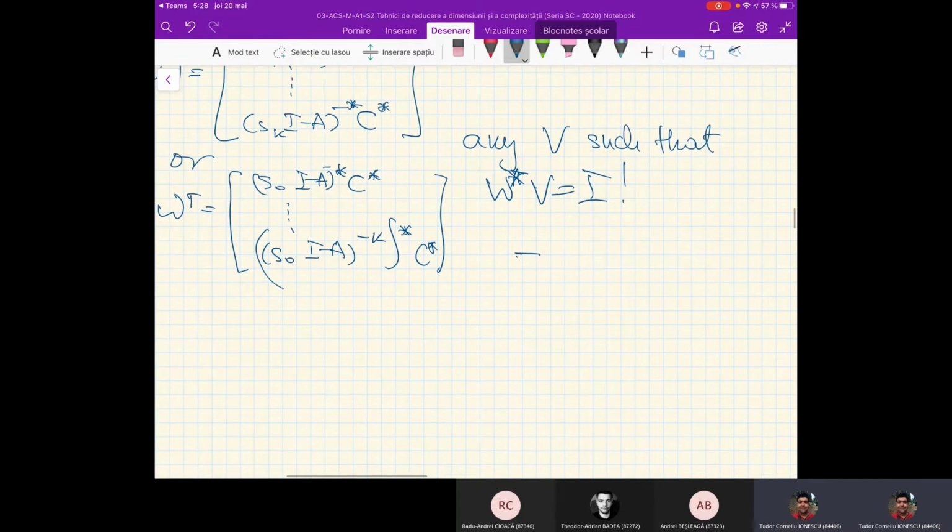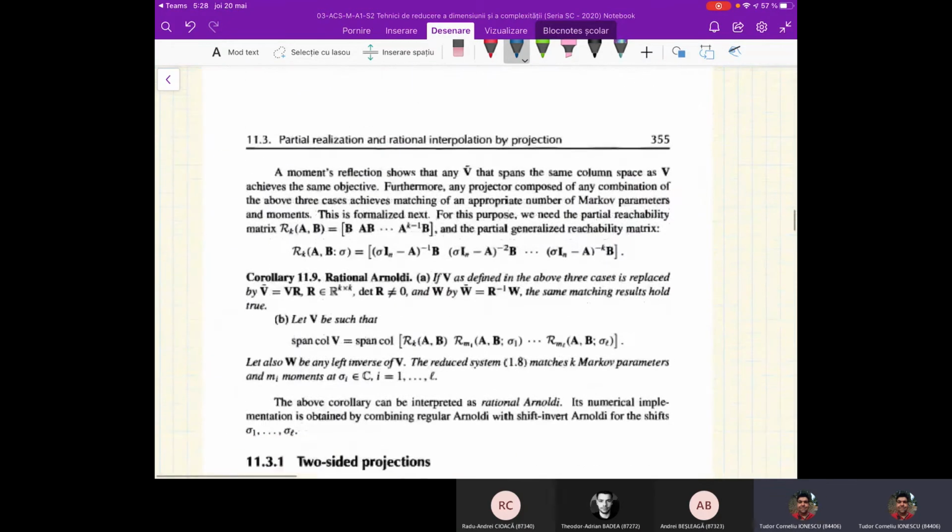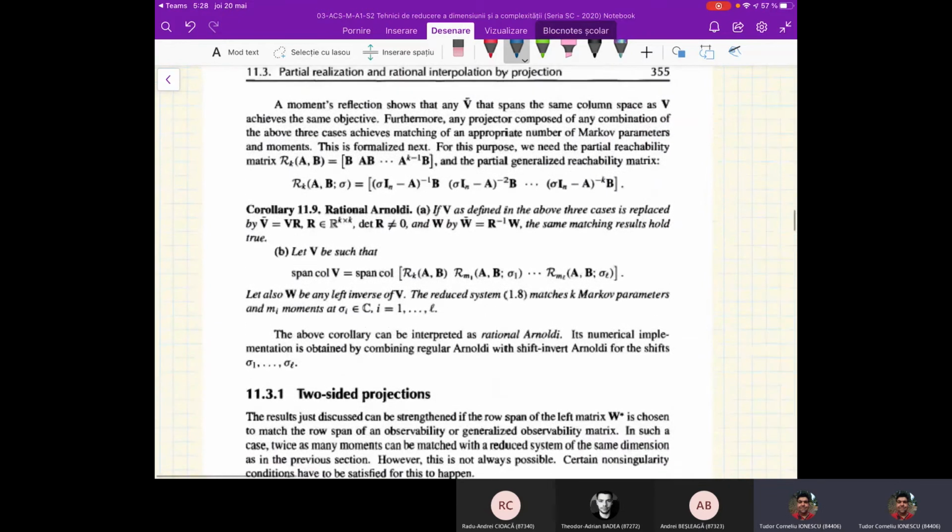And now you get sigma hat parametrized in V. So this is dual. You can also have this based on the observability discussion. You can have the same.